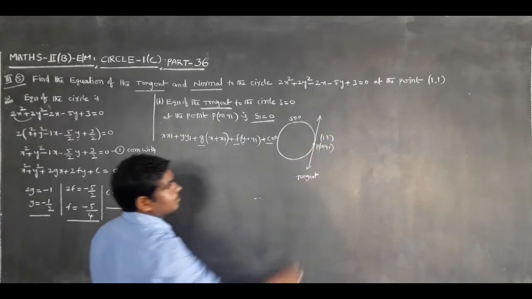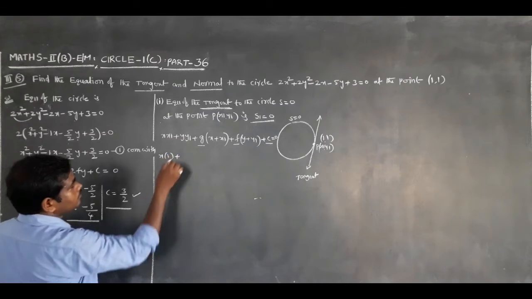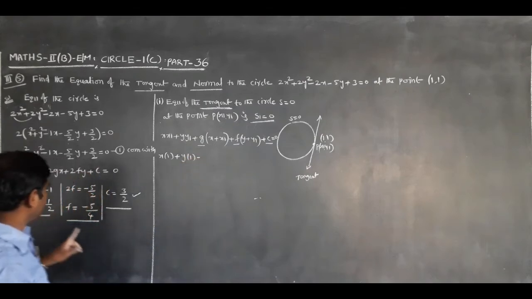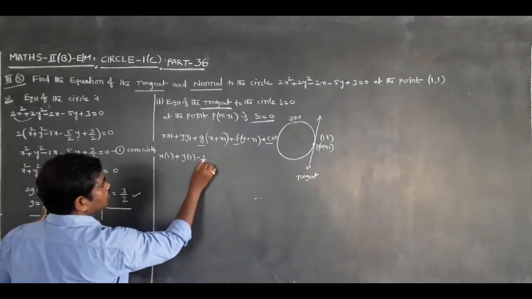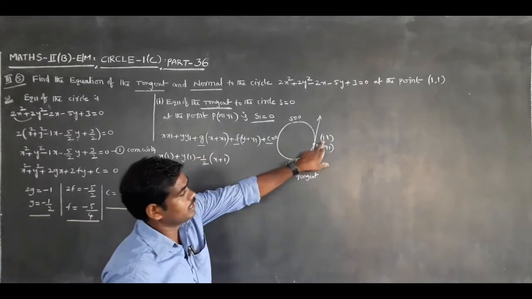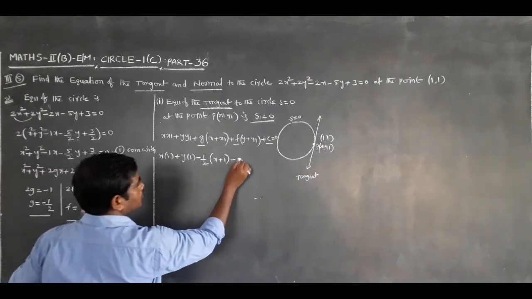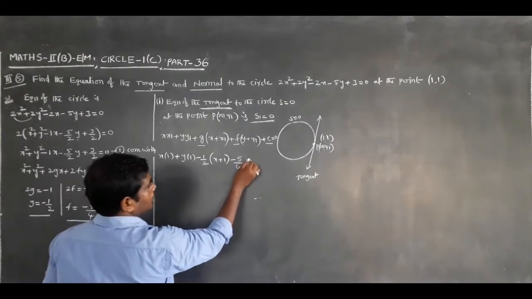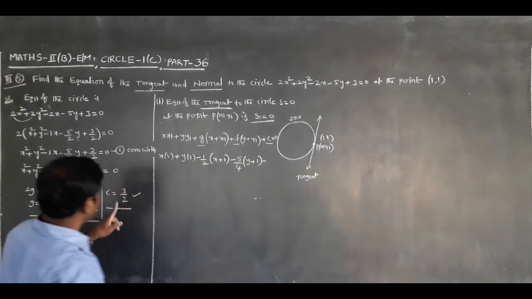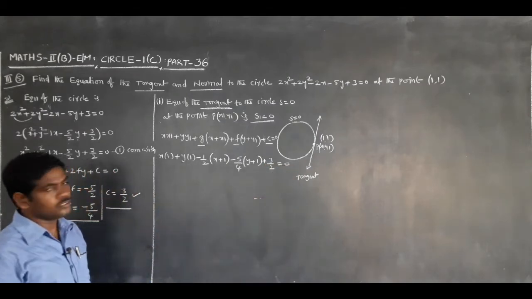Here x1 y1 is equal to 1 comma 1. So x into 1 plus y into 1 plus g is equal to minus 1 by 2 into x plus x1, which is 1, plus f is equal to minus 5 by 4 into y plus y1, which is 1, plus c is equal to 3 by 2 is equal to 0.